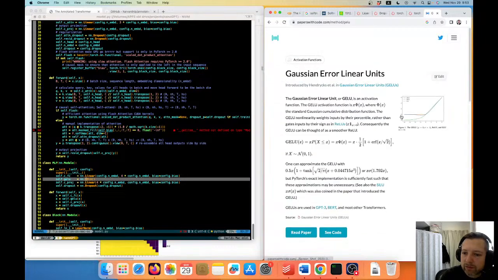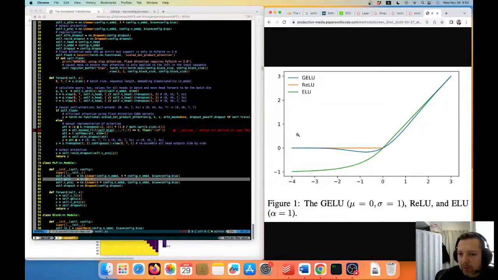He uses this activation function rather than just a regular ReLU, which is this hard angled orange line here.